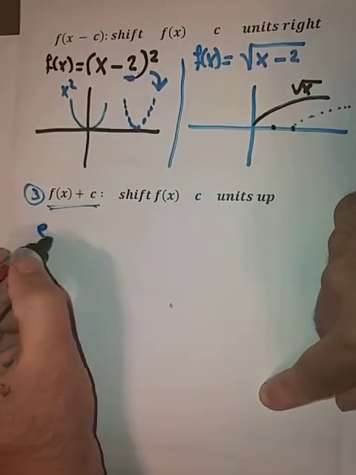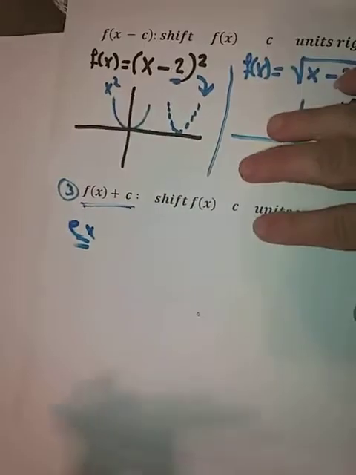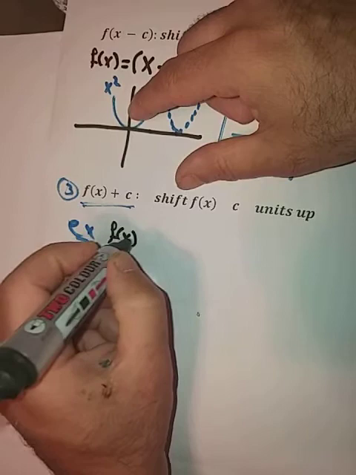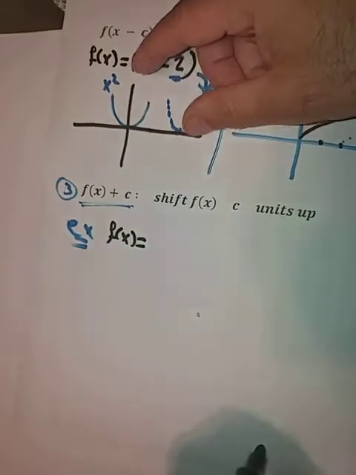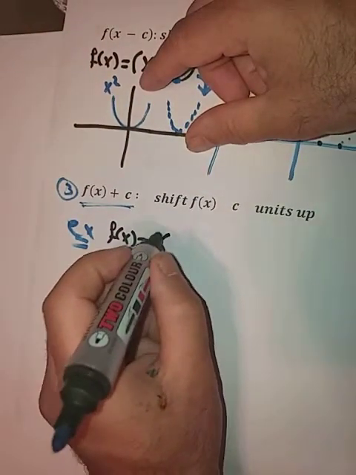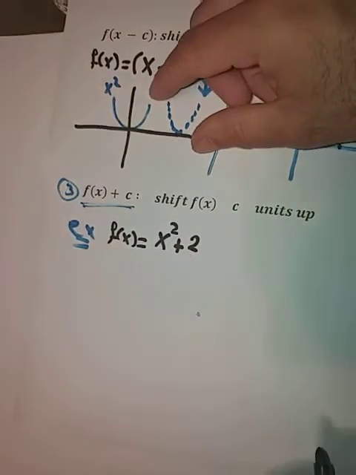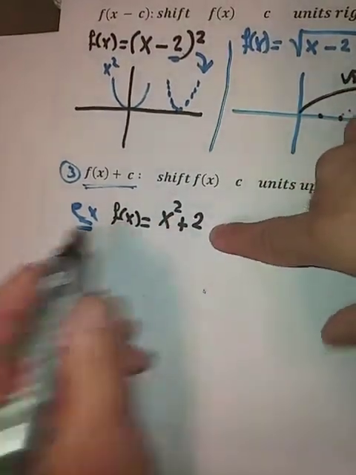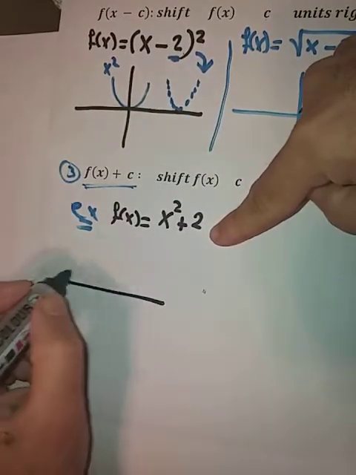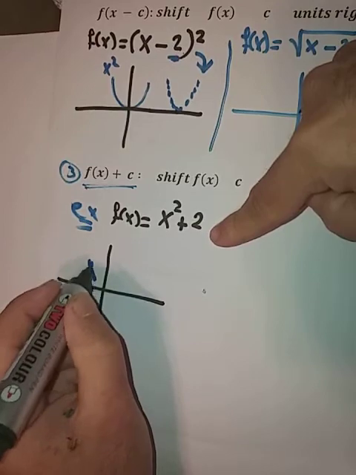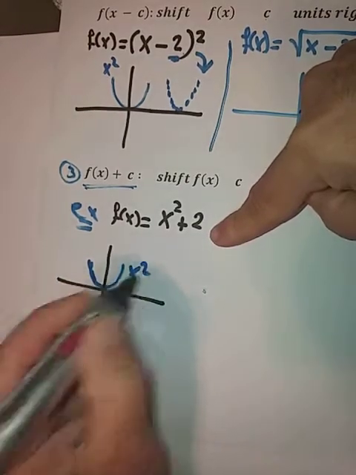Example, if f of x is equal to x squared plus 2. Say, we have x squared. The graph of x squared is this one. Parabola.